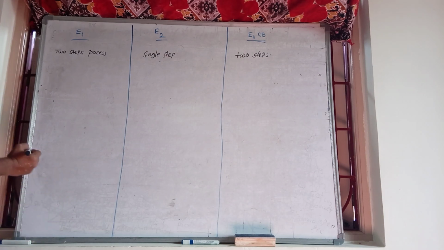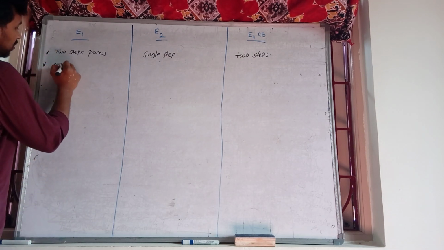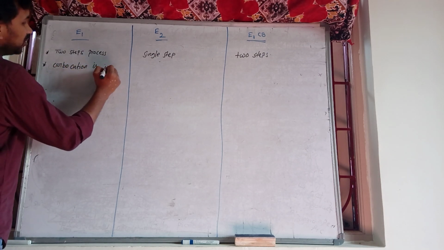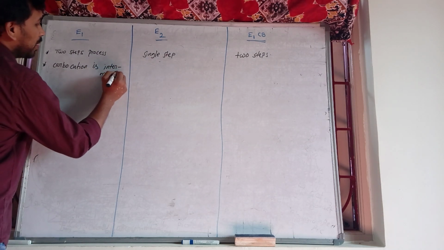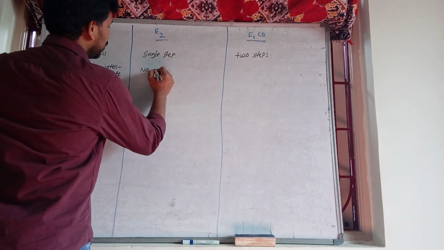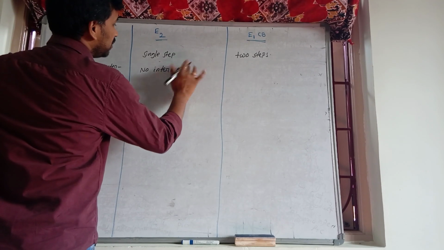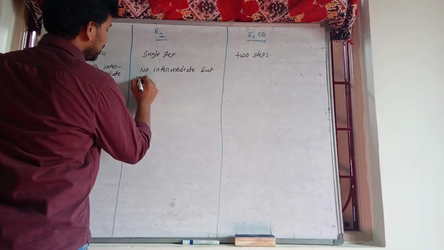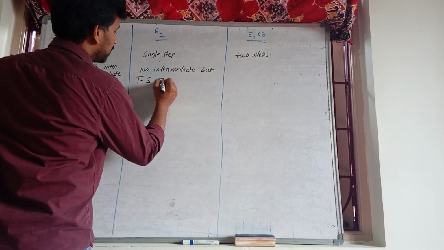Next, intermediate. What is the intermediate? In E1, carbocation is the intermediate. In E2, what is the intermediate? No intermediate, but transition state formation will take place.